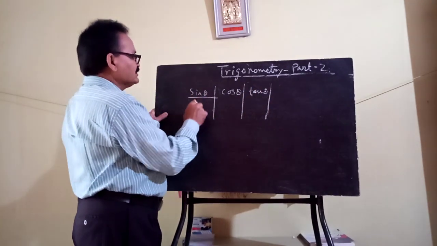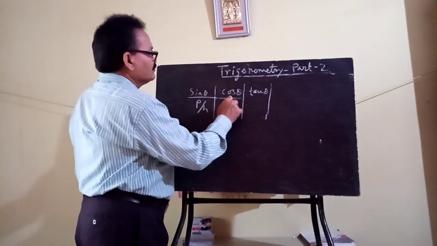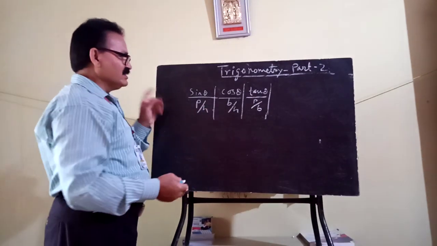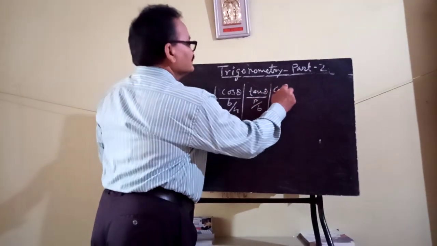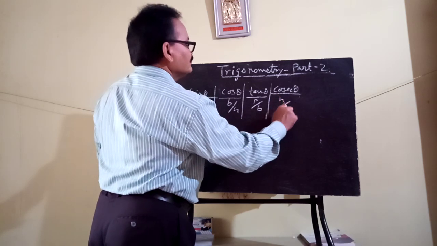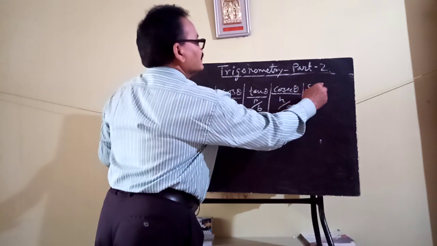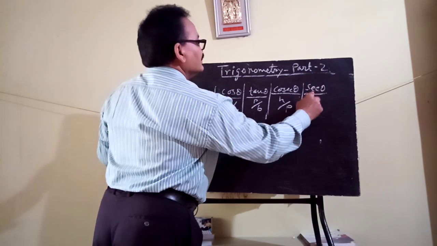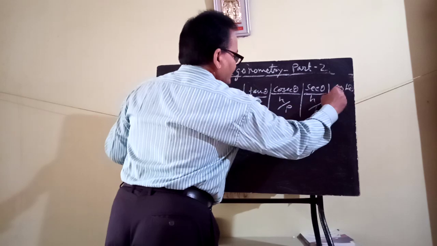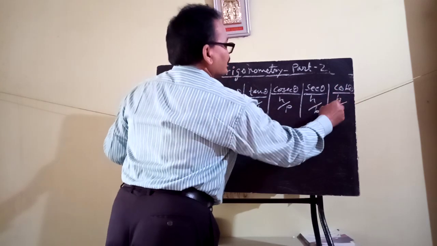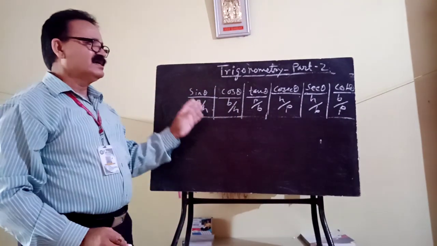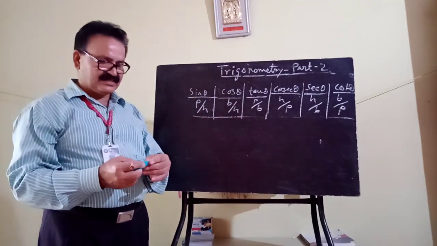Sin theta is P by H, cos theta is B by H, tan theta is P by B. Similarly, cosec theta is H by P, sec theta is H by B, and cot theta is B by P. These are the relations we had already explained in my earlier classes.